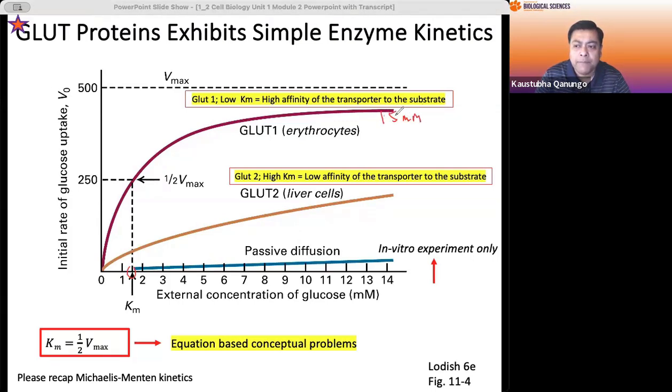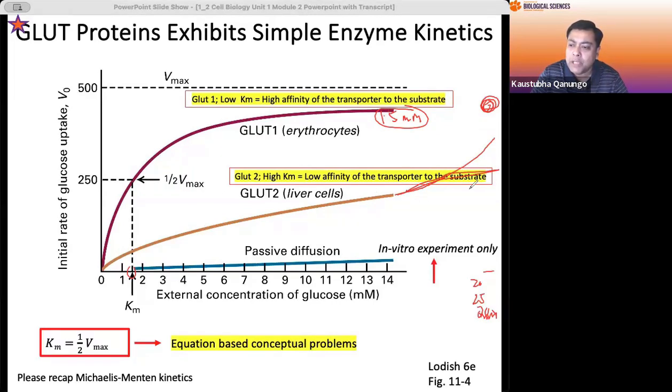That's the Km for GLUT1. Whereas if we just look at this, I don't know where this will go outside, but when this reaches the Vmax, this should be something like 20, 25 millimolar, something even beyond that, probably 30 millimolar, outside the scope of the slide.